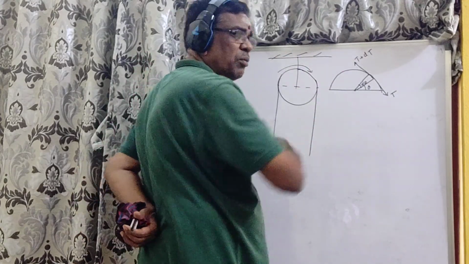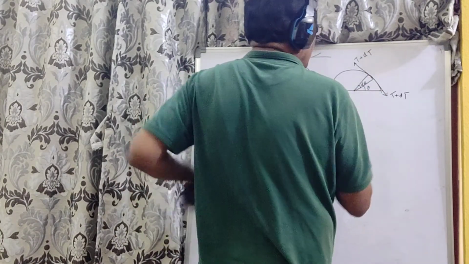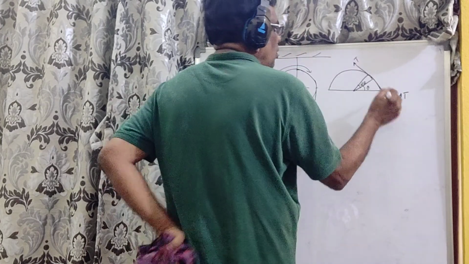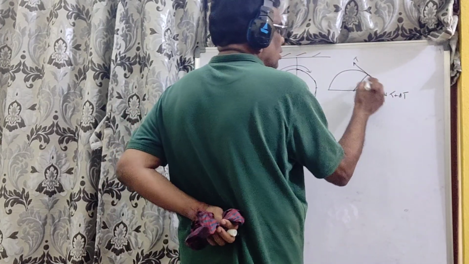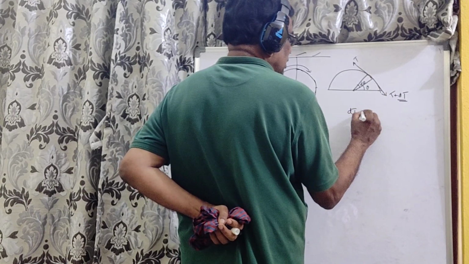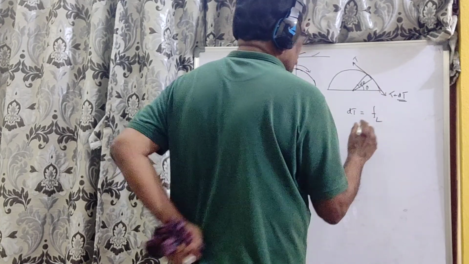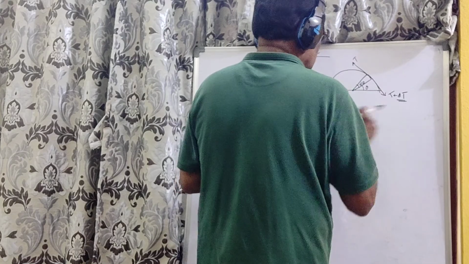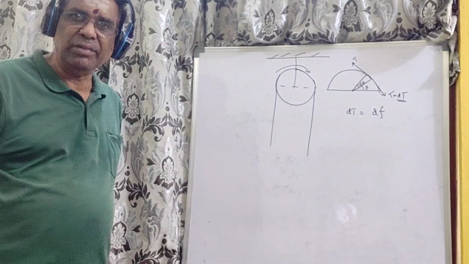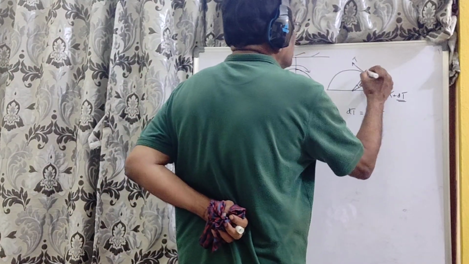And friction would oppose. Then what do I do? I take T plus dT here and T there. So this tension difference, that is dT, is balanced by whatever small limiting frictional force that you have. And what are you actually trying to do here?